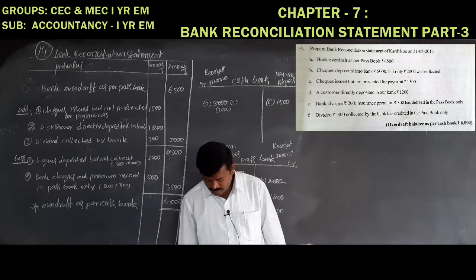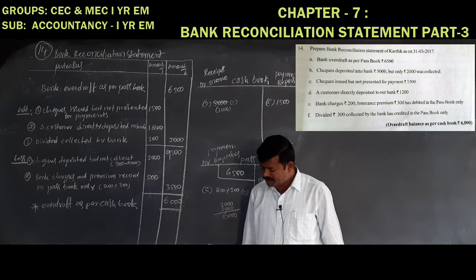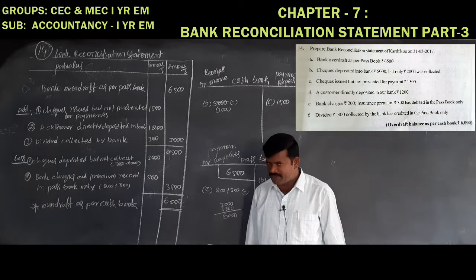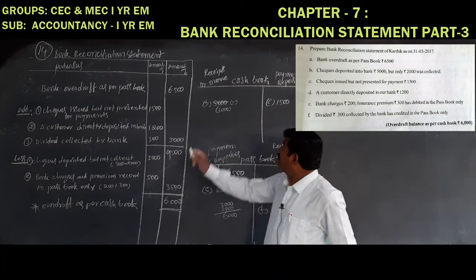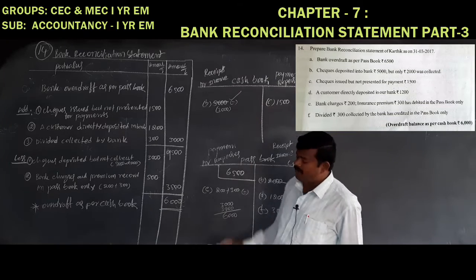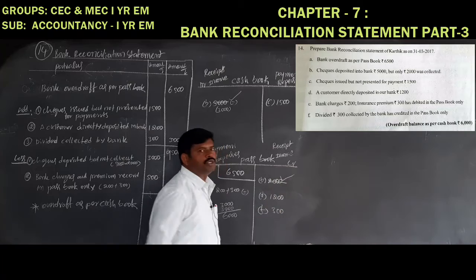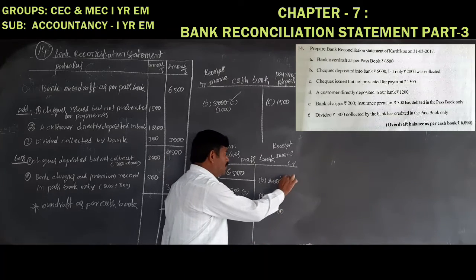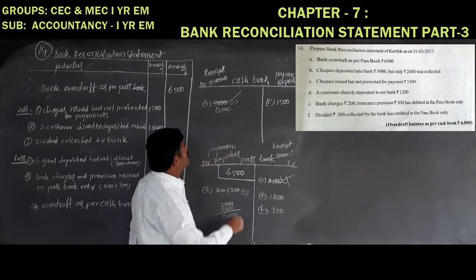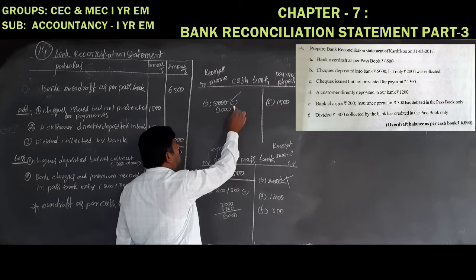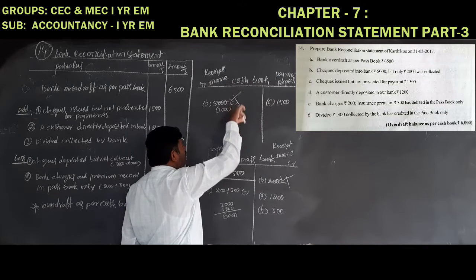Next, cheques deposited into bank, 5,000 rupees. Out of 5,000 rupees, only 2,000 rupees were collected. So this is the 2,000 and this is the 5,000, cancel.